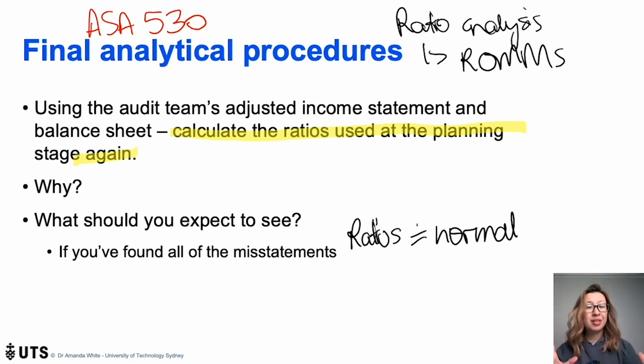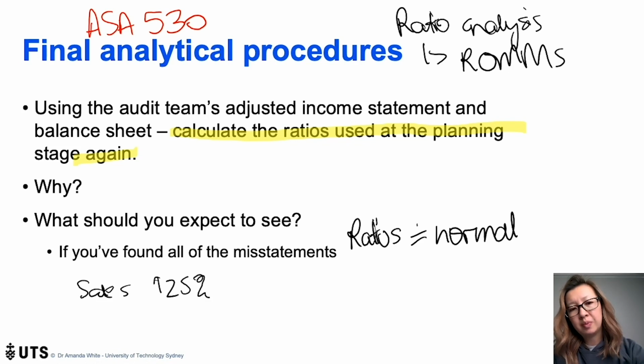What if there is still an unusual fluctuation? If there is still an unusual fluctuation in that ratio, that means there's a potential for a misstatement that you have not identified, okay? So let's say in the early days, you found something that said that sales was up by 25%, okay?